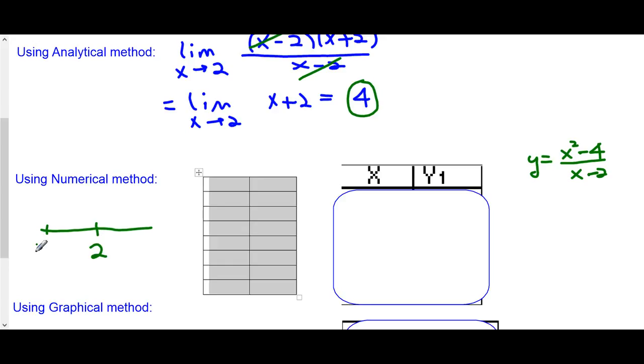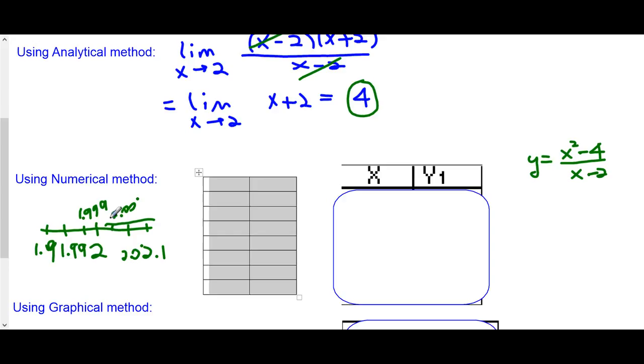As we approach from the left, we may pick values like 1.9, 1.99, and 1.999. Approaching from the right, I might select 2.1, 2.01, and 2.001.